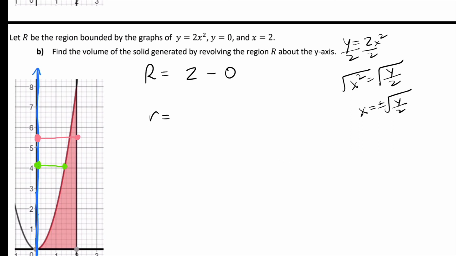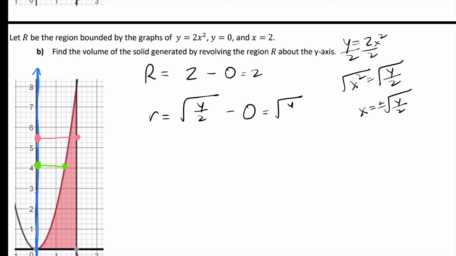So that's going to be my right. My right is going to be that guy, the positive one, minus the left where I started, which is the green dot to green dot, which is 0. So big R is going to be 2.